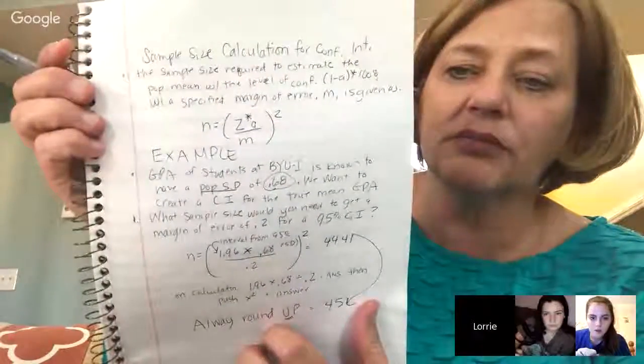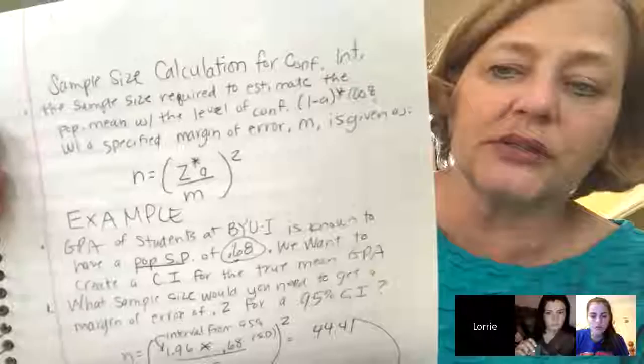But then, I think we want to do this equation, which is N equals Z times sigma over M, squared.